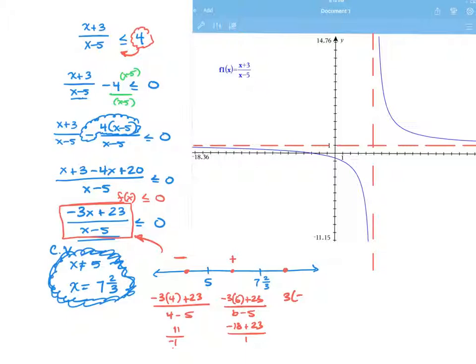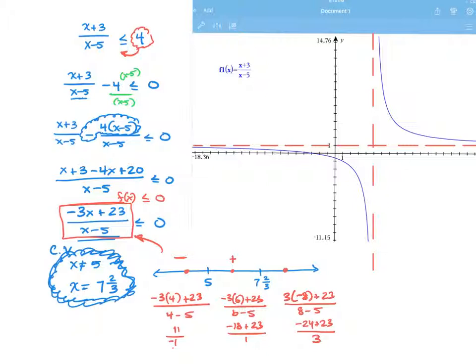So 3 times negative 8 plus 23, divided by 8 minus 5. And all I'm doing is plugging these numbers into my f of x that I simplified to. So 3 times negative 8 is negative 24. Negative 24 plus 23, divided by a positive 3.